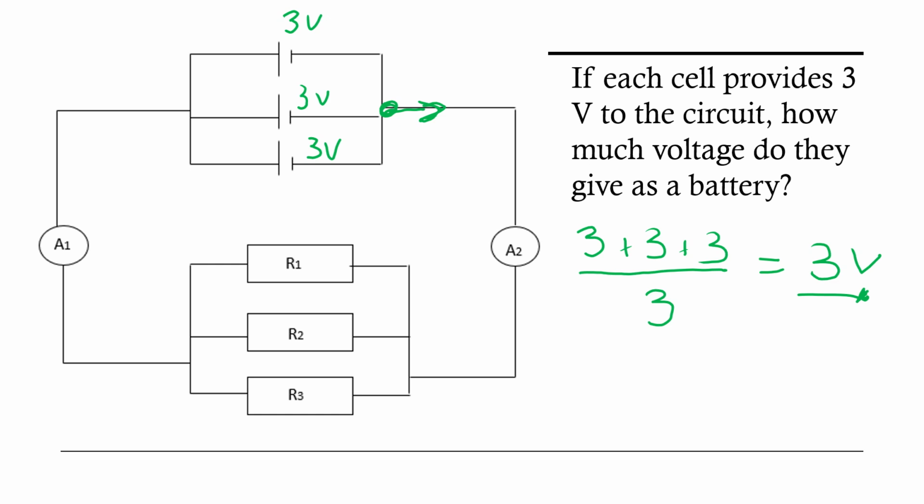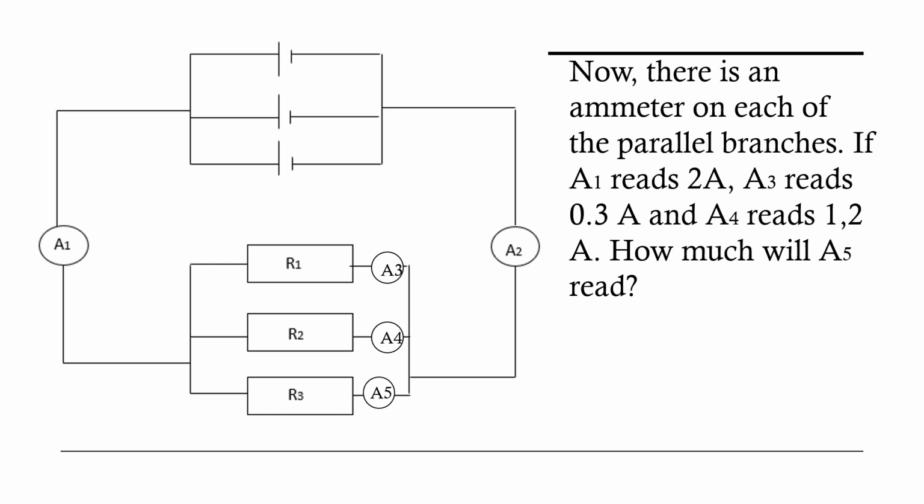Okay, then we move on to ammeters. Again, it's basic, but you do need to make sure you understand. So remember we said this one is in series and this one is in series. So both of these are going to be the same. They tell me that it's 2 amps. So this is 2 amps and this is 2 amps. Great for them, they're in series. But once I get here, my current gets divided. Some current goes down there, some goes down there, and some goes down here.